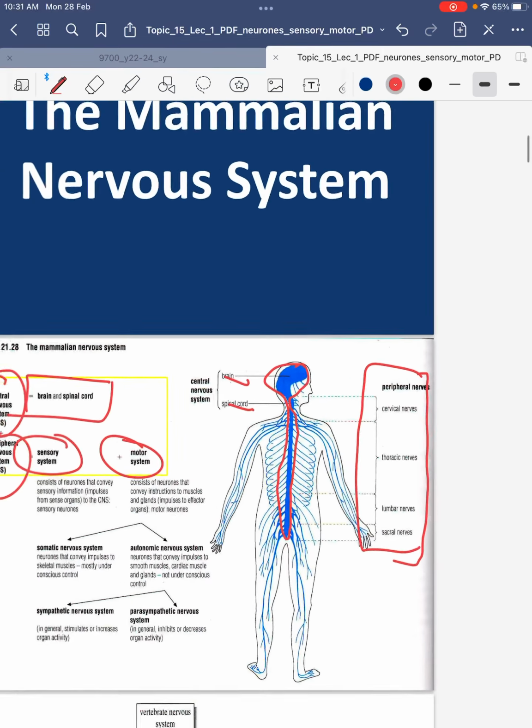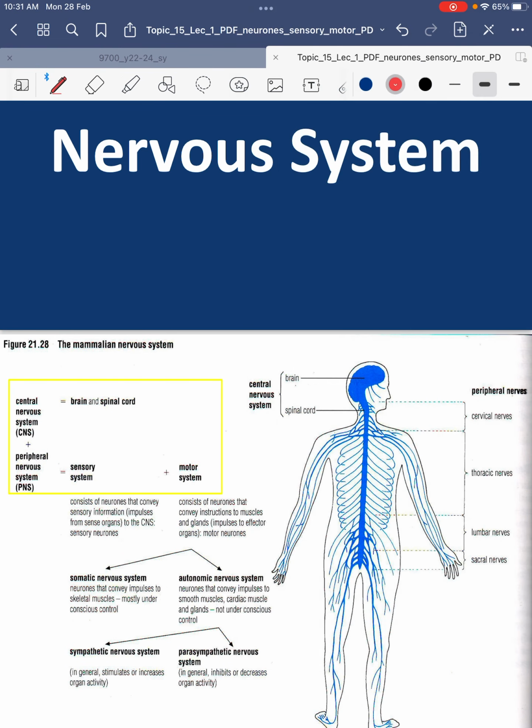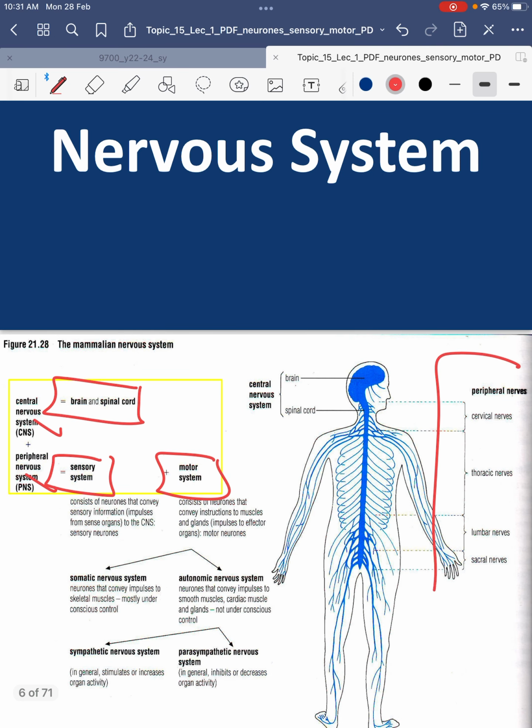So the nervous system consists of the CNS, the central nervous system, and the peripheral nervous system. The CNS is the brain and spinal cord. The peripheral nervous system consists of sensory neurons and motor neurons.